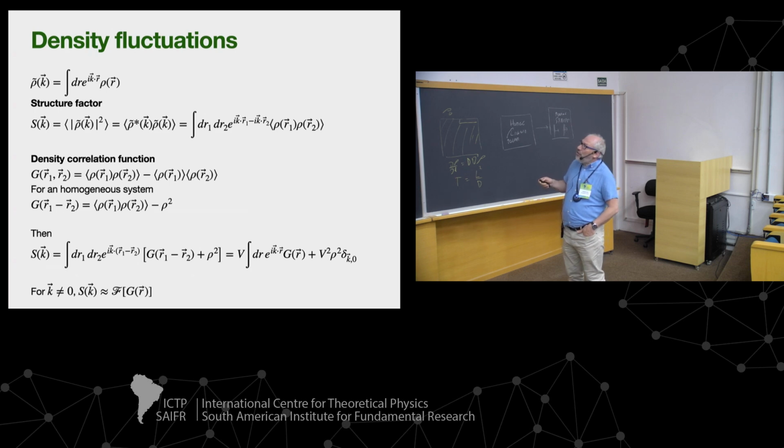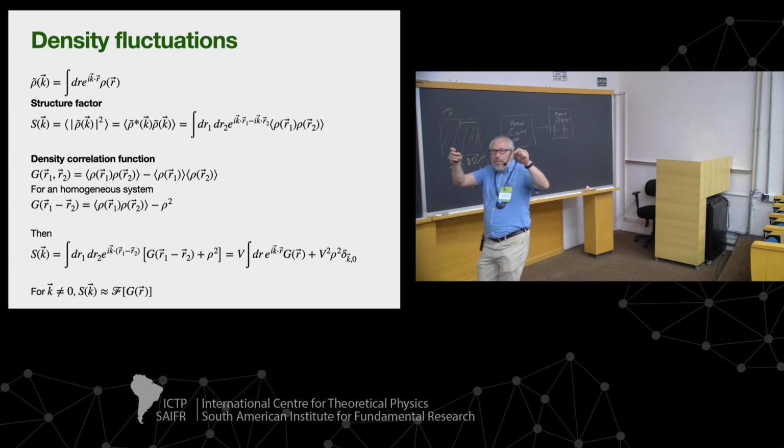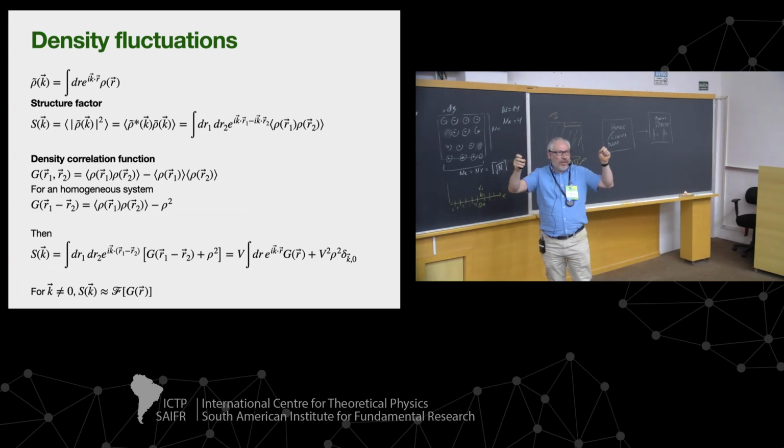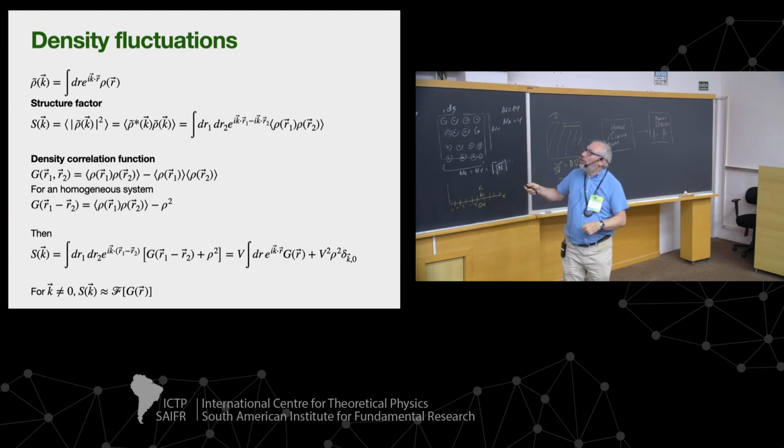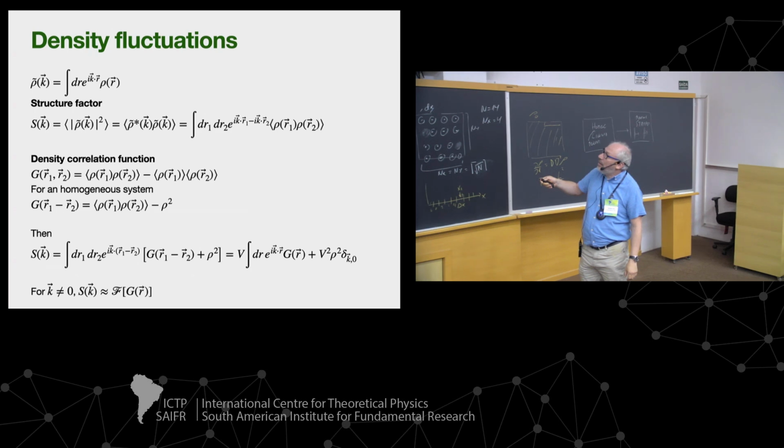If you have a homogeneous system, those averages are simply the density squared, and the correlation function is also only going to depend on the relative distance of the 2 points that you're observing. So this is the relative distance, and here you can replace this object as G plus rho squared. So the structure factor is this thing.